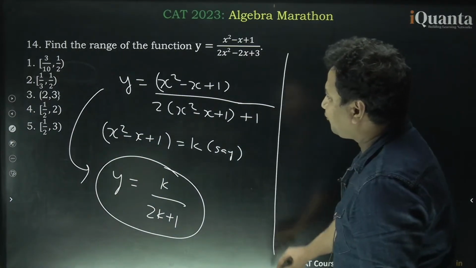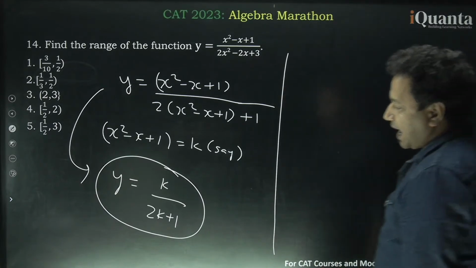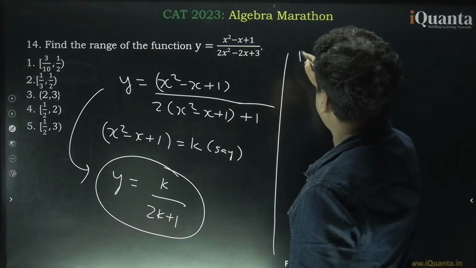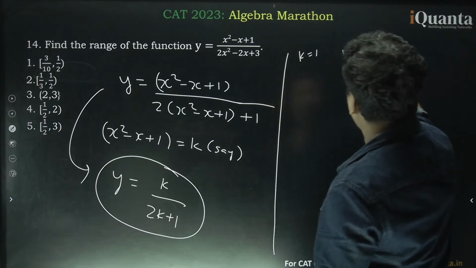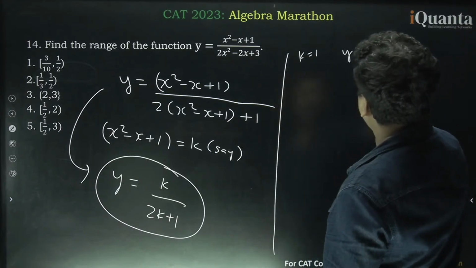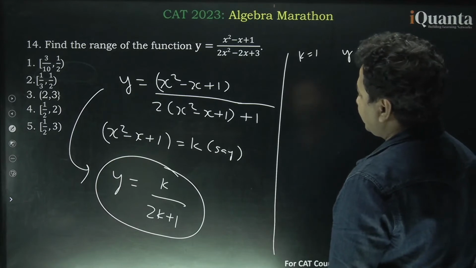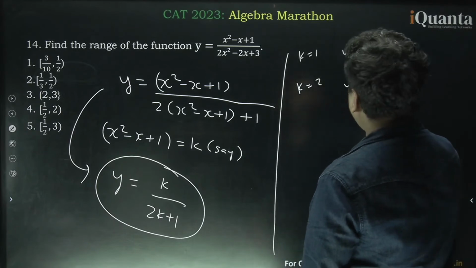If I want to find the maximum value of this, I can keep on increasing k. So look at this. If I put k is equal to 1, the value of y will be equal to 1 by 3. Right? If I put k is equal to 2, the value of y will be 2 by 5.